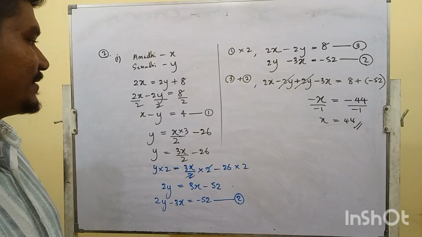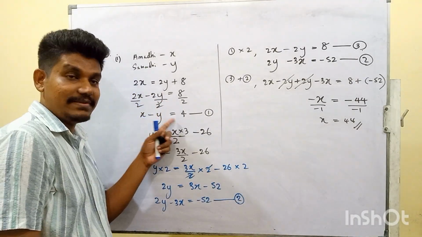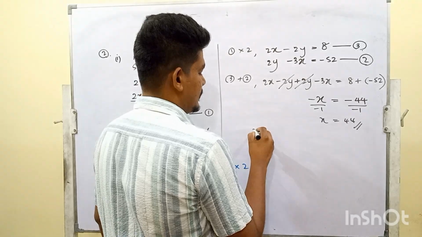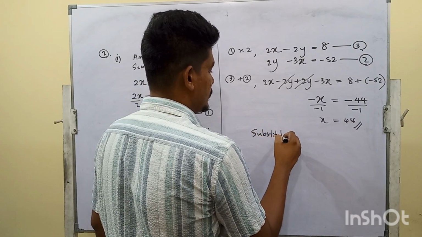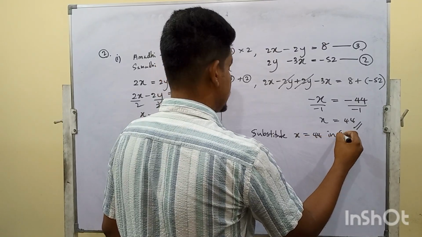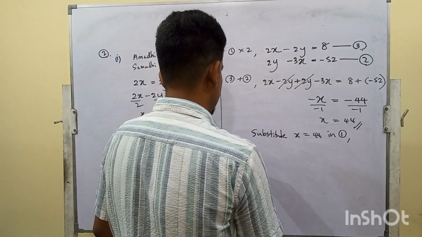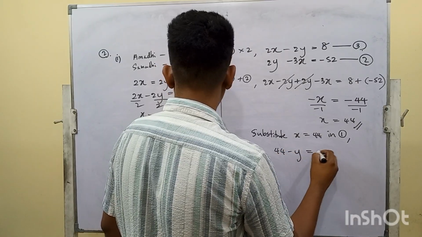Right? x equals 44. And for that, if x equals 44, you can find the value of y using the first equation, no? Substitute x equals 44 in the first equation. In the first equation, it is 44 minus y equals 4.